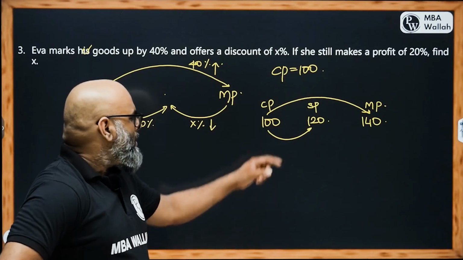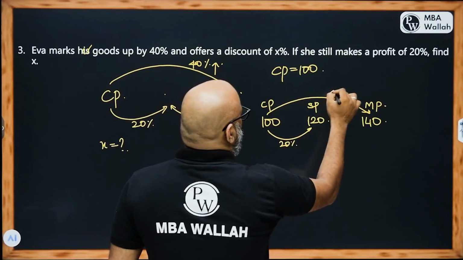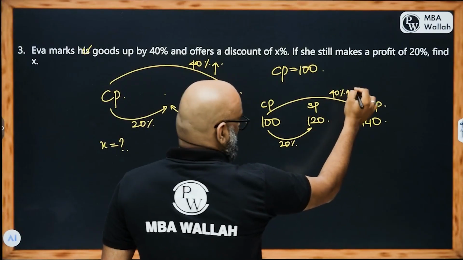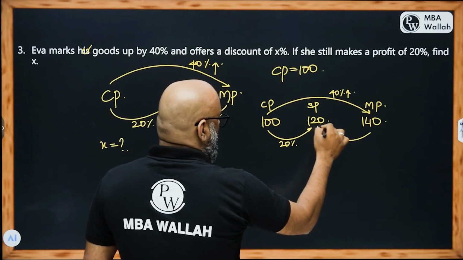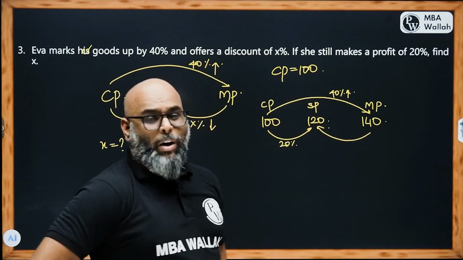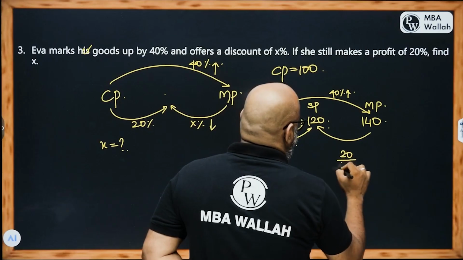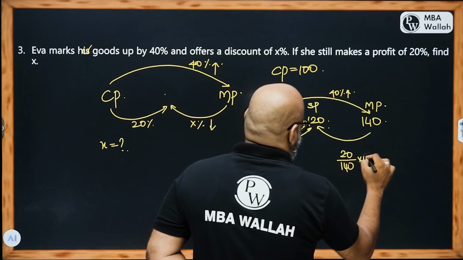She is making a 20% profit. That's given here. This is your 40% markup. So from 140, what percentage discount will give me 120? So the discount has to be 20 rupees from 140, into 100.